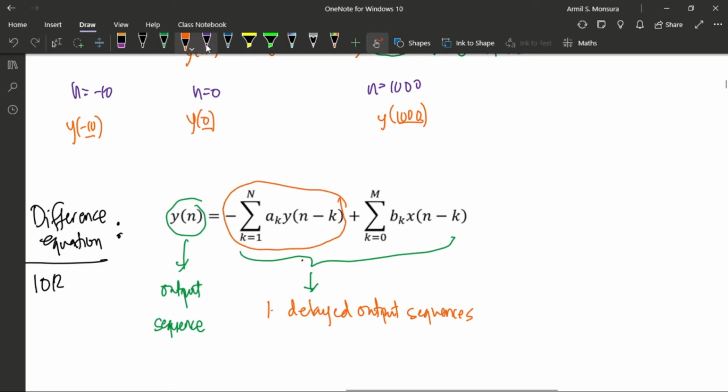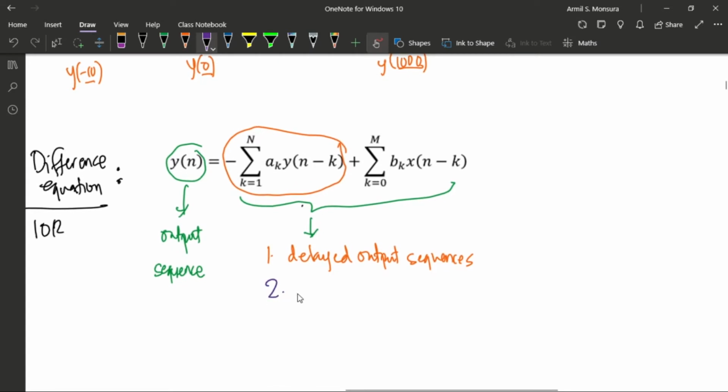While number 2 is the input sequence and its delayed versions.